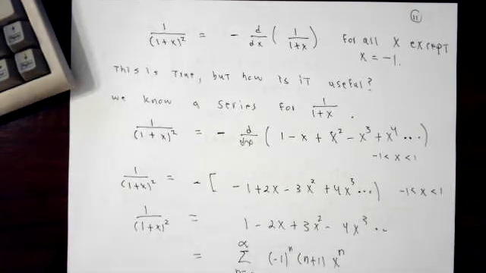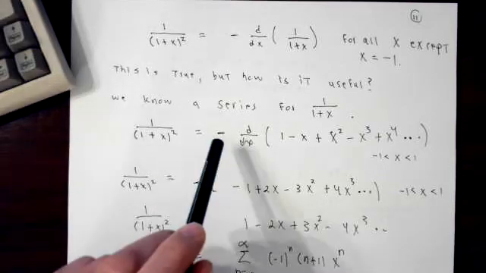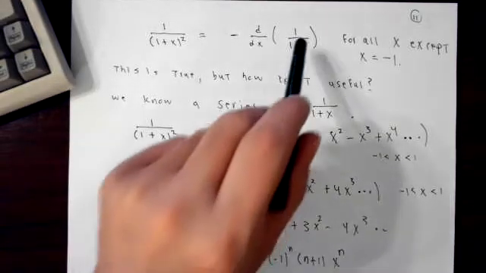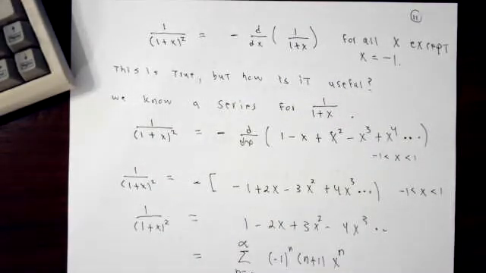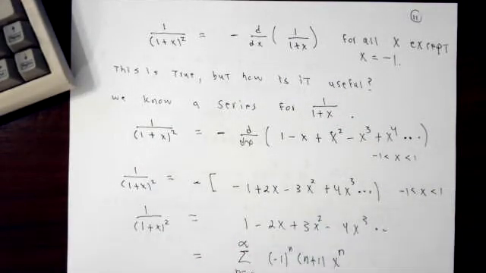This is true, but how is it useful to us? I know how to do a series for 1 over 1 plus x. 1 over the square of 1 plus x is the negative of the derivative of 1 over 1 plus x, and then write out the series expansion for that, which is valid for x between -1 and +1.